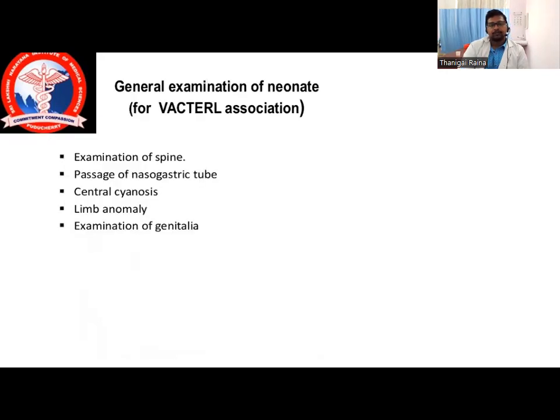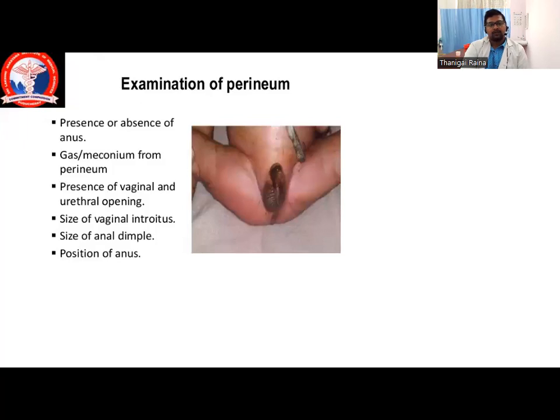So generally we should look for VACTERL association. That is, examine the spine, passage of nasogastric tube, central cyanosis. You have to look for limb anomalies and examine the genitalia. Examination of the perineum: presence or absence of anus.